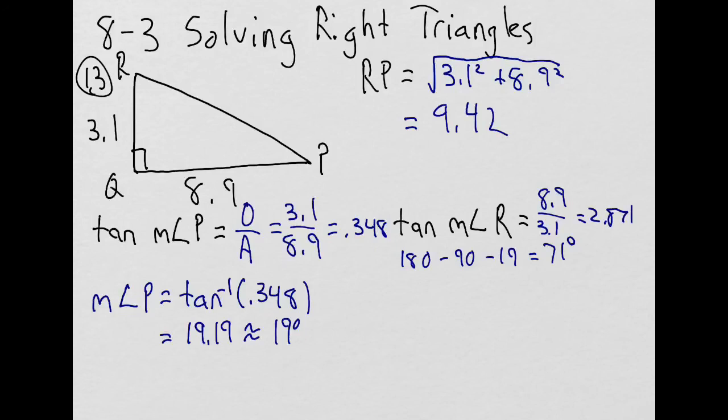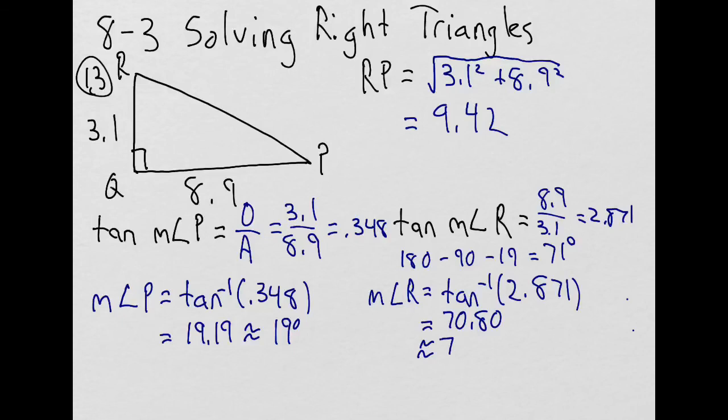Now we need to do an inverse trig function. The measurement of angle R is equal to the inverse tangent of 2.871. I plug that into my calculator and I get approximately 70.80 or so, which again is 71 degrees.